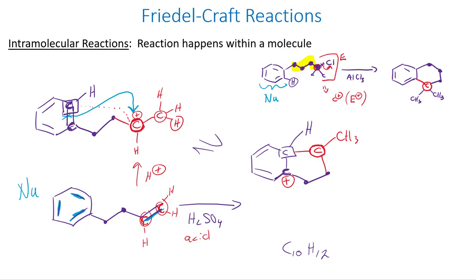And then we just need something acting like a base. Let's say the HSO4 minus that was produced when we protonated our alkene to come in to grab that hydrogen. We'll break the square carbon-hydrogen bond, turn that into our alkene, or our 3rd pi bond in our arene.